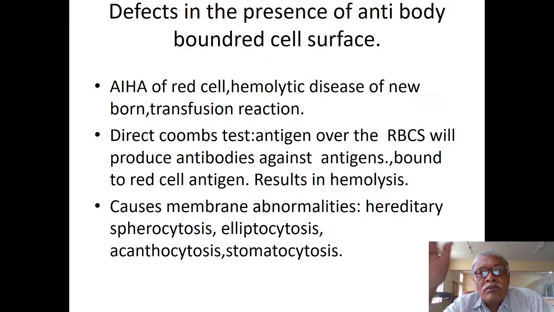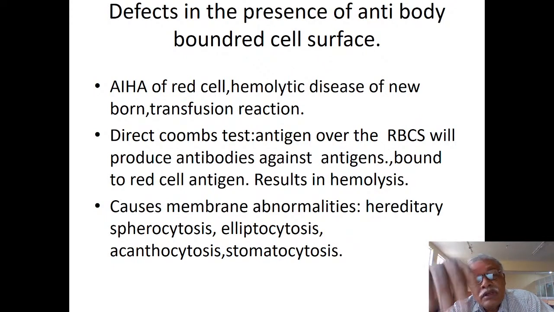The membrane abnormalities of the RBC: one is hereditary spherocytosis, elliptocytosis, acanthocytosis, stomatocytosis.